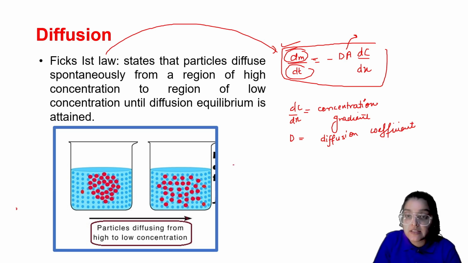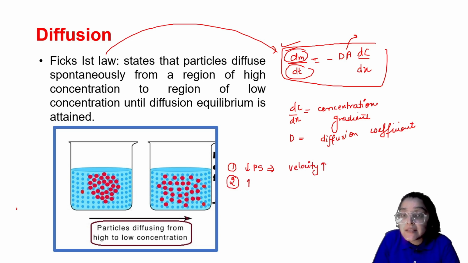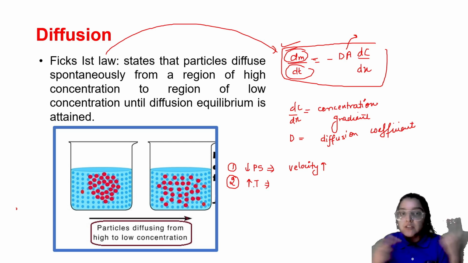First, with the decrease in the particle size, the velocity of the molecules is going to increase. Now, with the increase in temperature, because upon increasing the temperature the particles come into motion, they are colliding with each other.